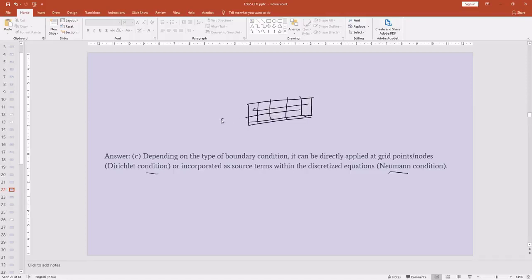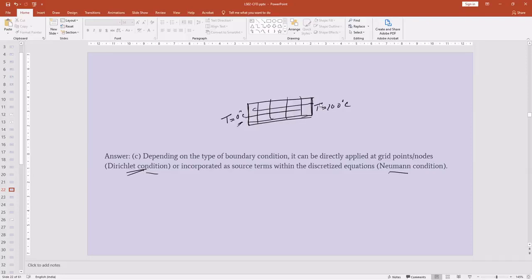In this particular boundary, this side of the grid, I am taking the temperature as 0 degrees Celsius. Here the temperature I am taking as 100 degrees Celsius. So here I am giving direct values, assigning constant values to the nodes or elements. Such kinds of boundary conditions are known as Dirichlet boundary conditions.